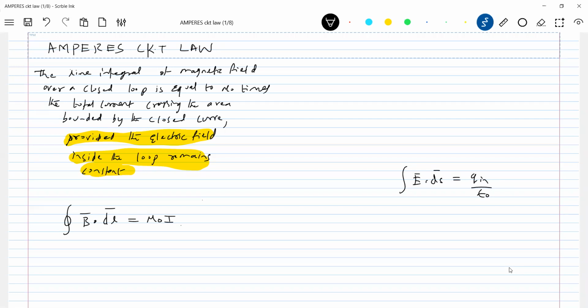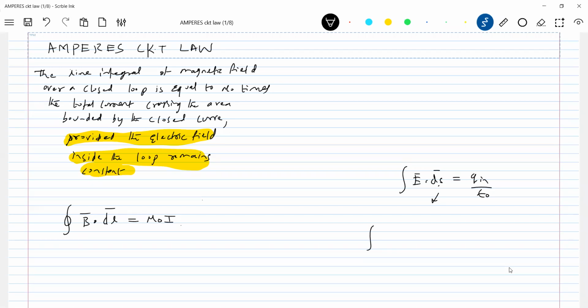What is q in? Net charge enclosed. What is I? The current enclosed by the path. There, what is ds? Gaussian surface. This was used to help us as the Gaussian surface. Similarly here, the dl bar will help us to predict the path, the closed path. Is it okay?